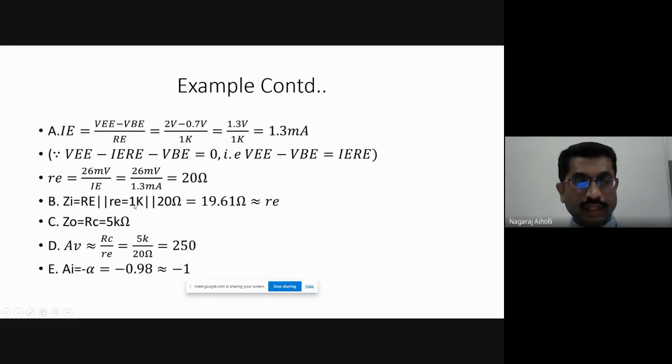Just find out 1000 ohm into 20 ohm divided by 1020 ohm. Find out how much it is. 1K is 1000, into 20, divided by 1020. Take your calculator and calculate that and tell me. 1000 into 20 divided by 1020 is how much?